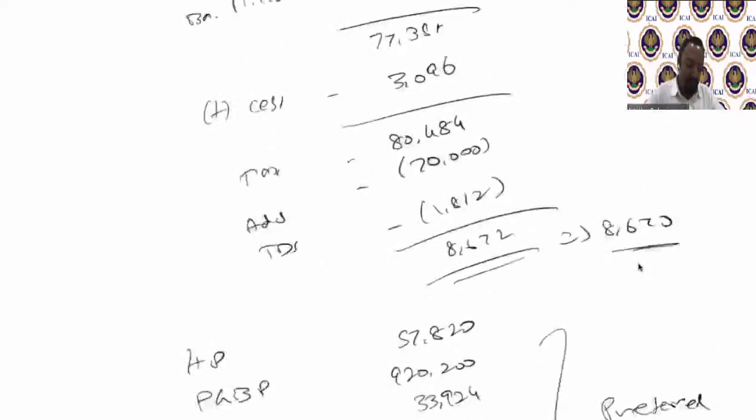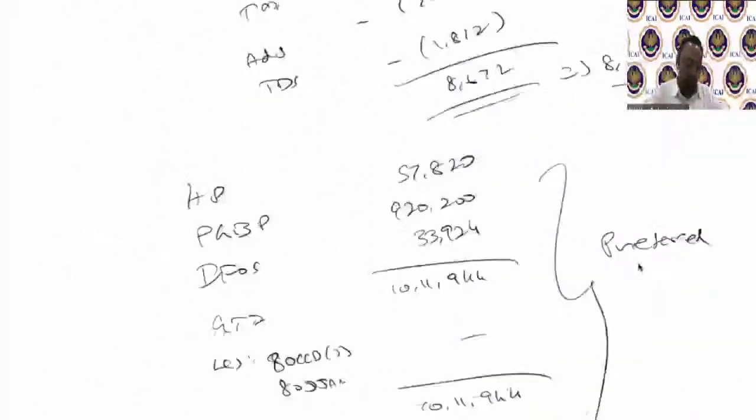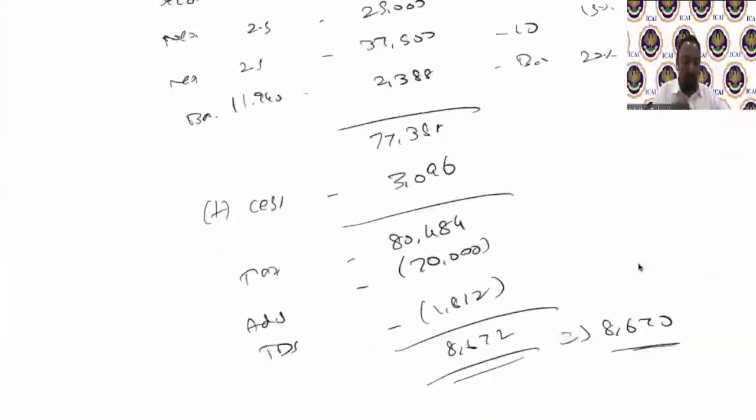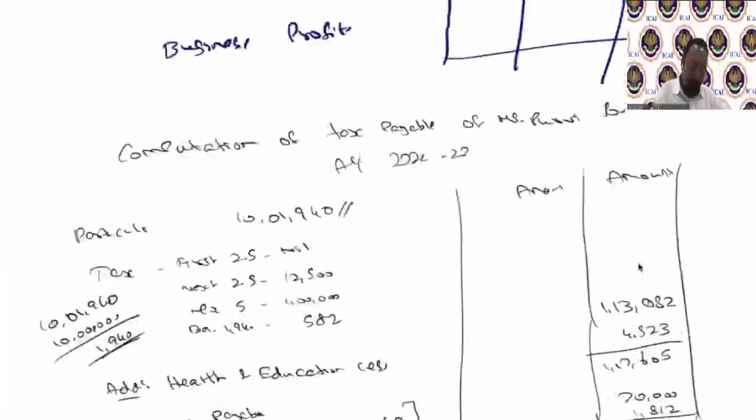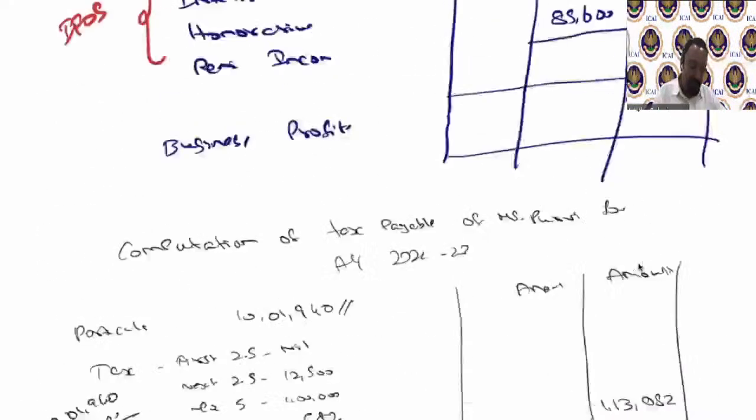Whether this question can be solved by alternate minimum tax, there is no point. Since we have adopted 115BAC, AMT will not apply. In case we are not adopting 115BAC, then we can check AMT also.